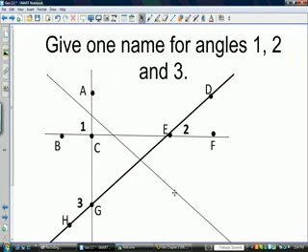Alright, give one name for angles 1, 2, and 3. For angle 1, looks like it's ACB. For angle ACD. Over here, angle 2 would be DEF. And angle 3 would be CGH.